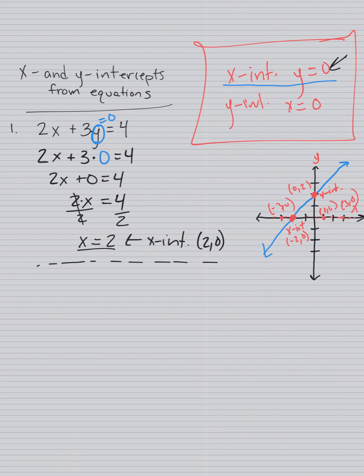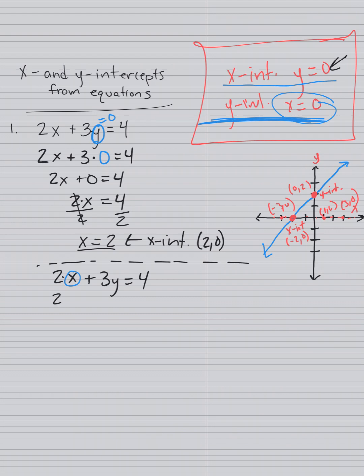And then we're going to do the same thing again. I'm just going to copy down the original problem. 2x plus 3y equals 4. This time we are finding the y-intercept. So for the y-intercept, we're going to make x be 0. So I'm going to replace the x with 0. Everything else will stay the same.